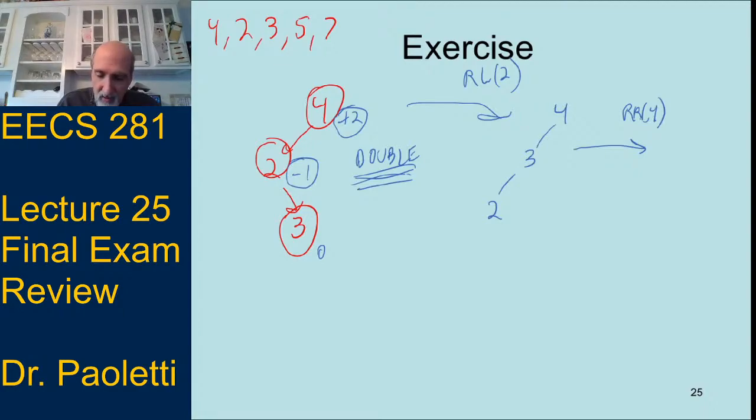Whoops, that's not very well written. So I've got to do a rotate right at 4, gives me 3, 2, 4. Okay, from there, this tree is perfectly balanced. I know I can insert one thing without having any problems. 2 might cause it to be unbalanced, but I can at least insert one more.